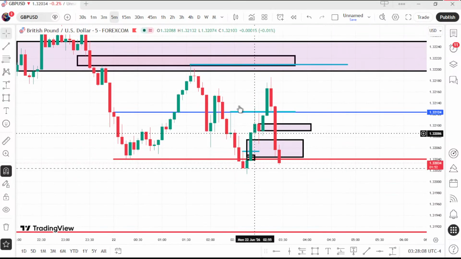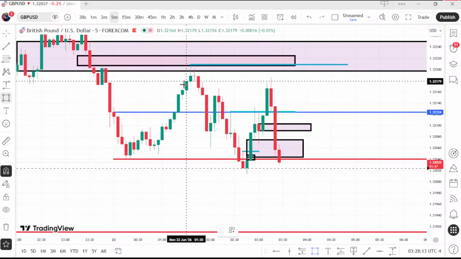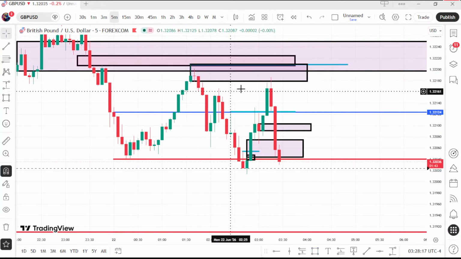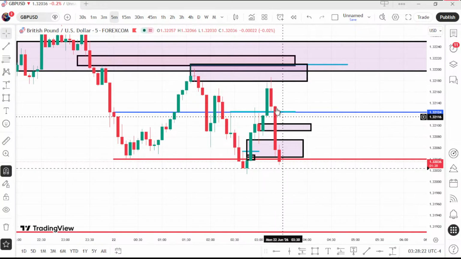Also that chop, also that order block. See that order block now. We were not seeing it at that time, but we know that we were wrong.